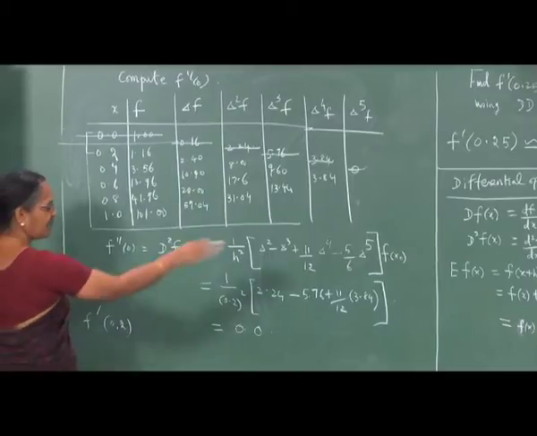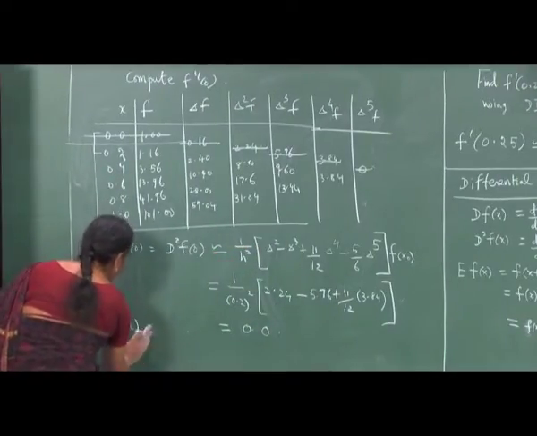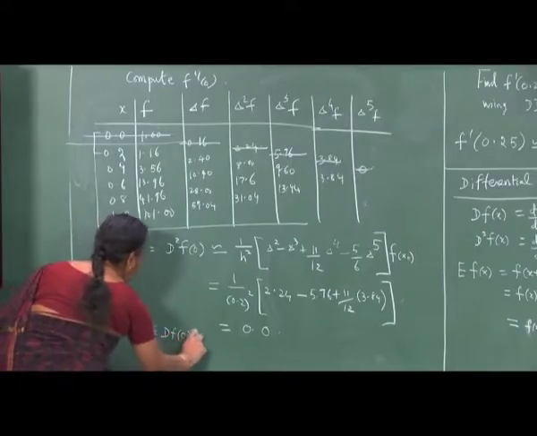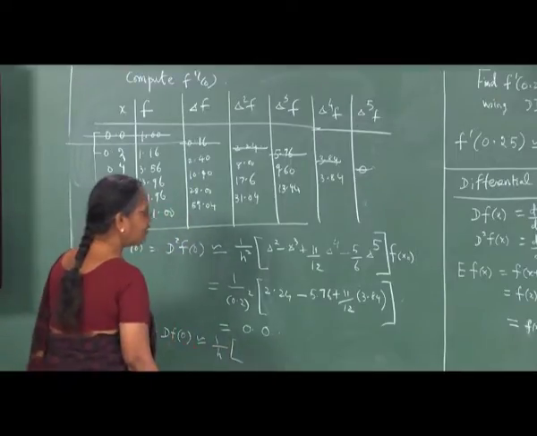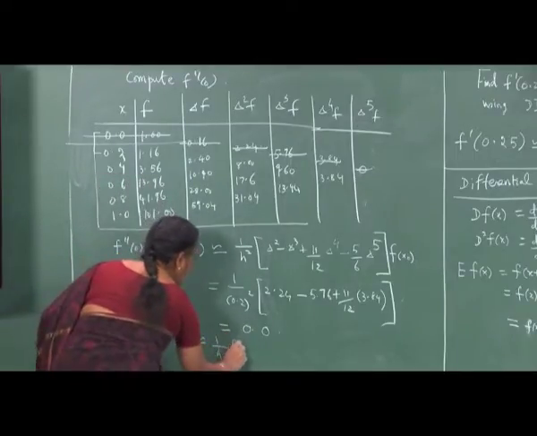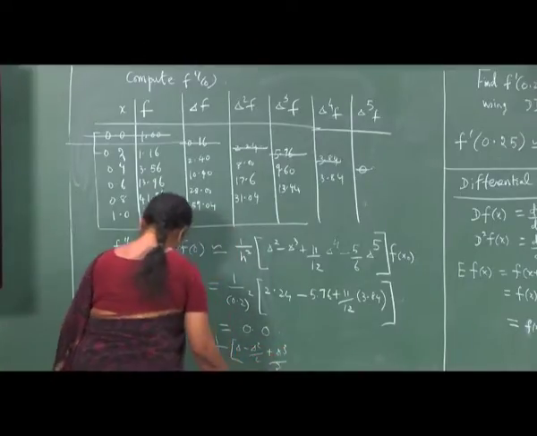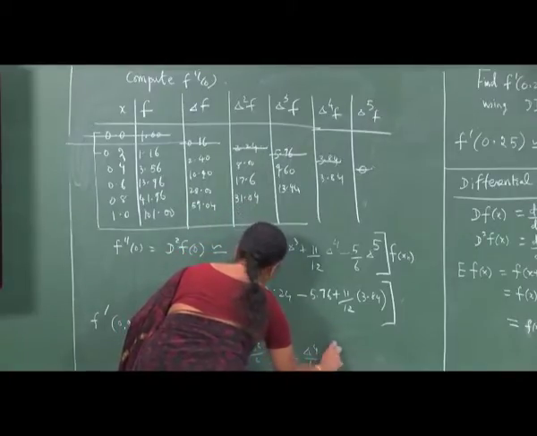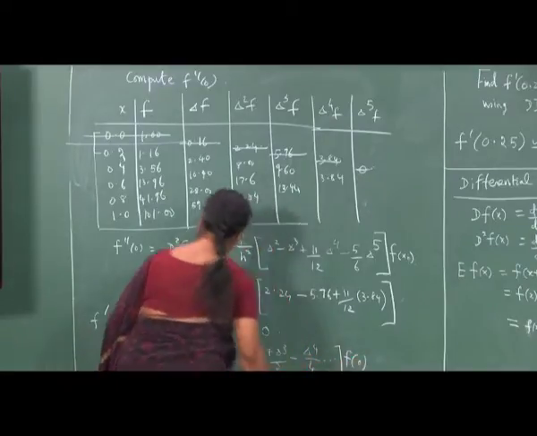So, f dashed at point 2 will be approximated by 1 by h into delta minus del square by 2 plus del cube by 3 minus del power 4 by 4 and so on, f at 0.